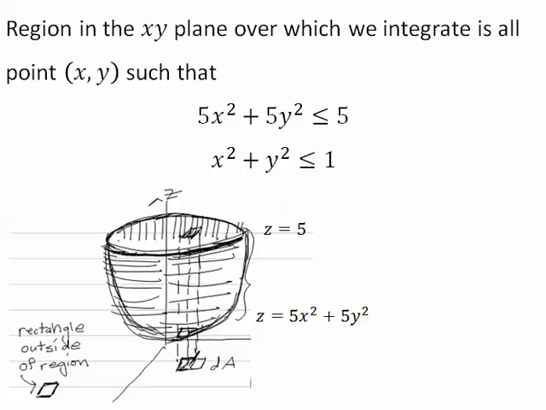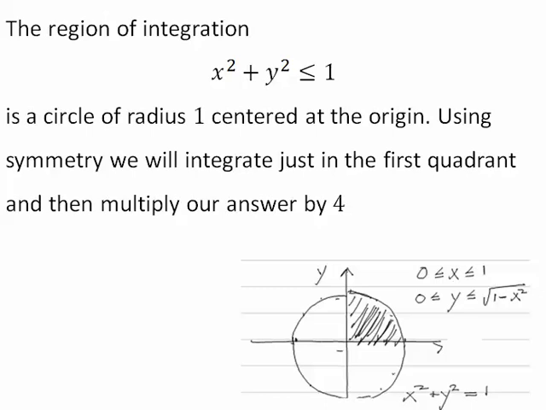And that's just the region x squared plus y squared is less than or equal to 1. And as you know, that region is a circle in the xy plane centered at the origin with a radius of 1.